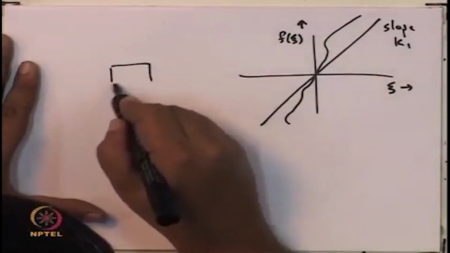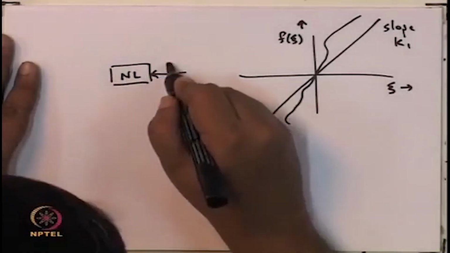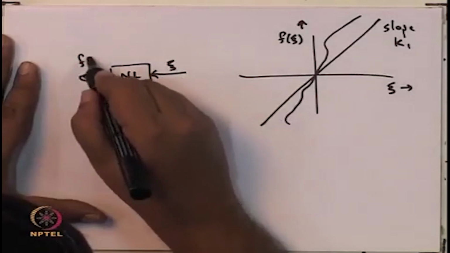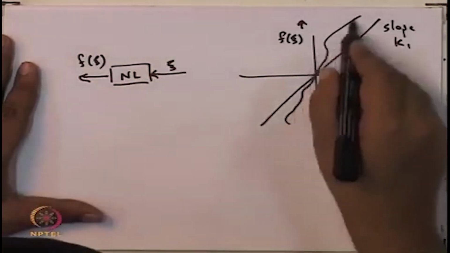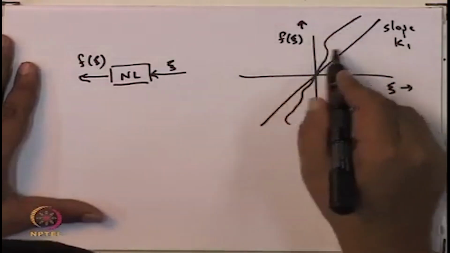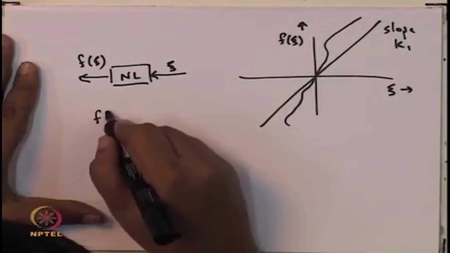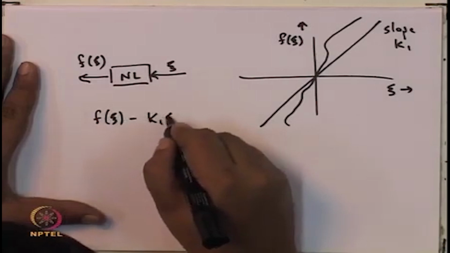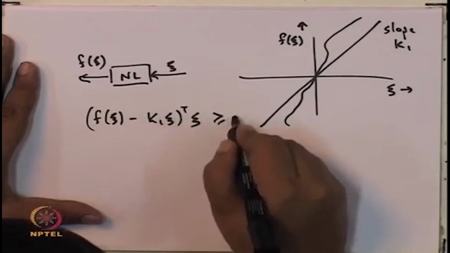If you think of this nonlinearity like this, with input psi and output f of psi, then one way we could characterize such a nonlinearity is by this quadratic form, which is f psi minus k1 psi transpose psi is greater than or equal to 0.